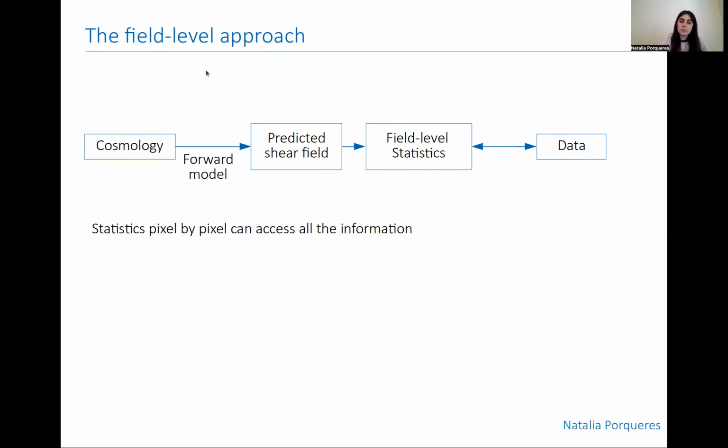Now, to generate these predicted shear fields, we need a forward model. So we need to run simulations. And in this case, we are dealing with a probabilistic forward model because the simulations that we use are constrained by the data.